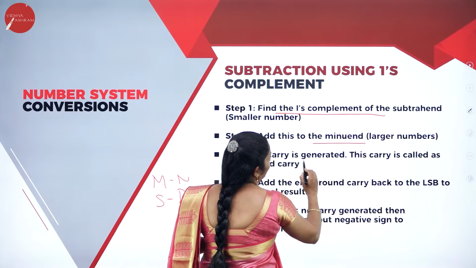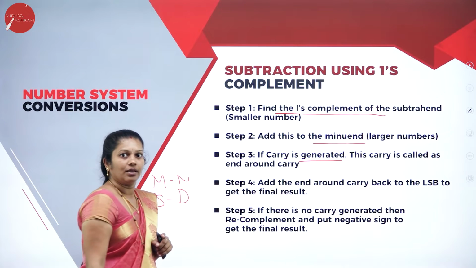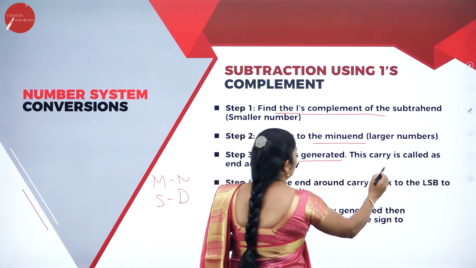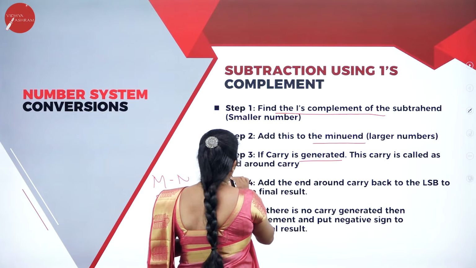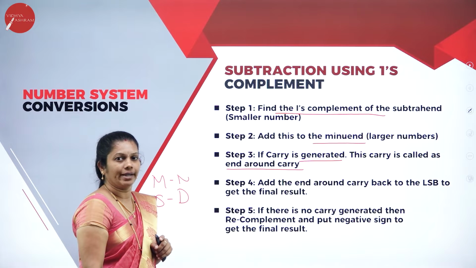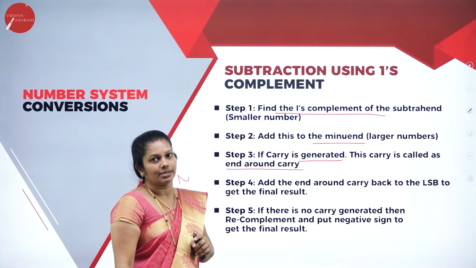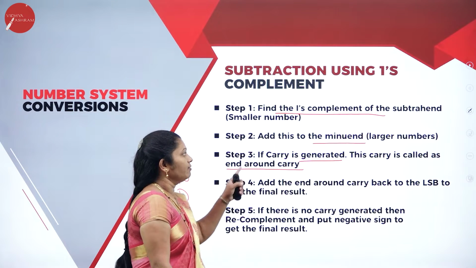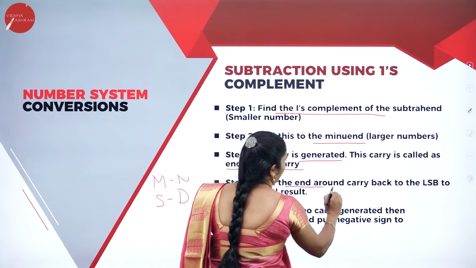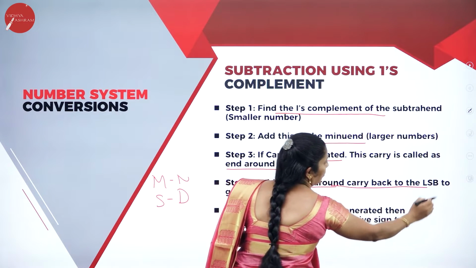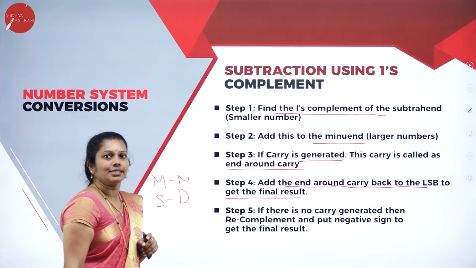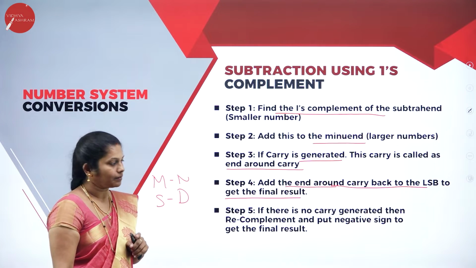If there is a carry generated, then this carry is called the end around carry. When I add the minuend and the subtrahend, if there is a carry generated, then add this end around carry back to the least significant bit position to get the final result.